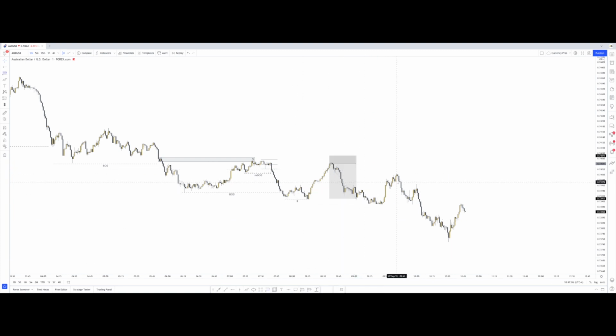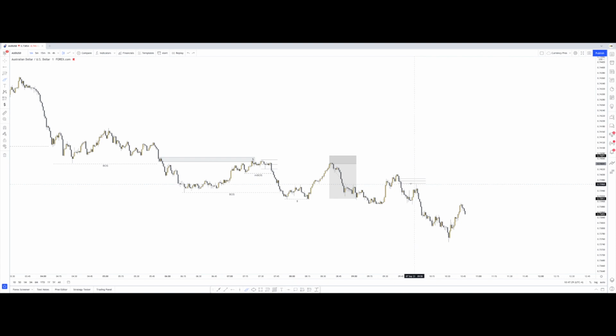And here as well, we had a very refined zone of supply right there. That very small indecisional candle was responsible for the minor break of structure and ultimately the actual break of structure, right? But again, no real entry there.